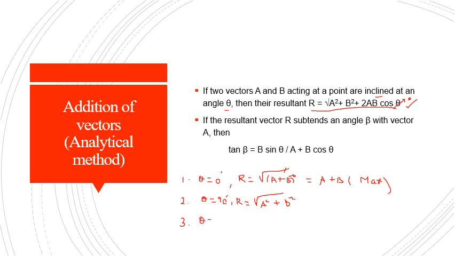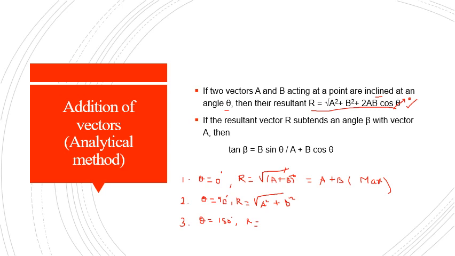Now let me explain the third condition. When theta equals 180 degree, the angle of inclination between the two vectors is 180 degree. What will be the resultant?